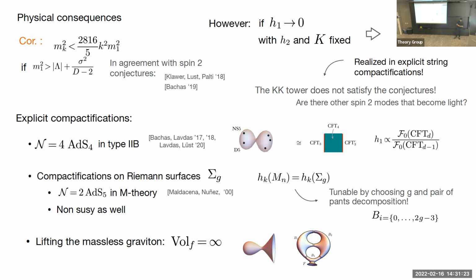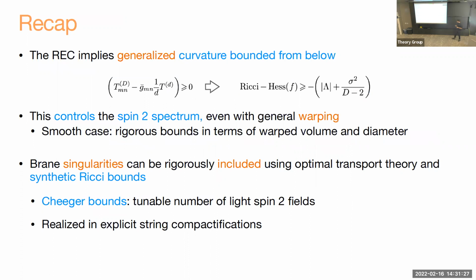Okay, so let me just leave here a recap. We have shown that for general gravitational theories that satisfy this energy condition, which is quite general, there is a lower bound on this tensor, and this can control the spin-2 spectrum in terms of the diameter of the warped volume.